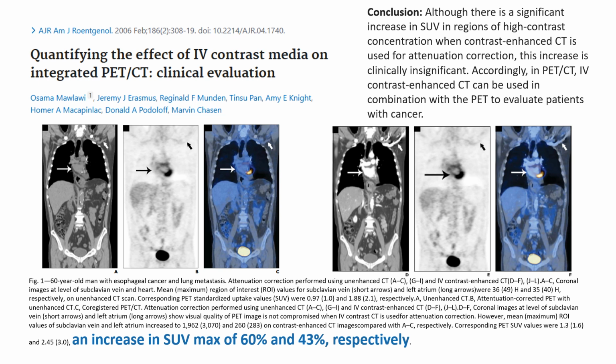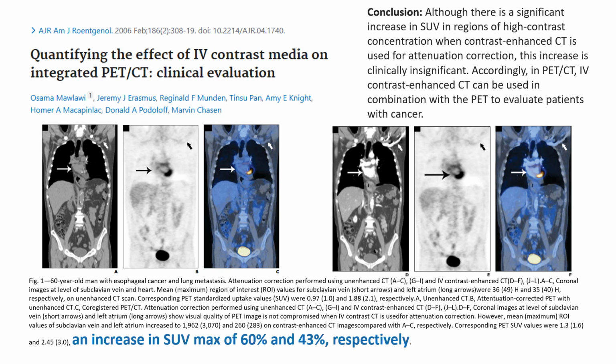The corresponding PET standardized uptake values were 0.97 and 1.88 in the first case, and 1.3 and 2.45 in the second. So an increase in SUVmax of 60% and 43% has been introduced by the use of enhanced CT for correction.